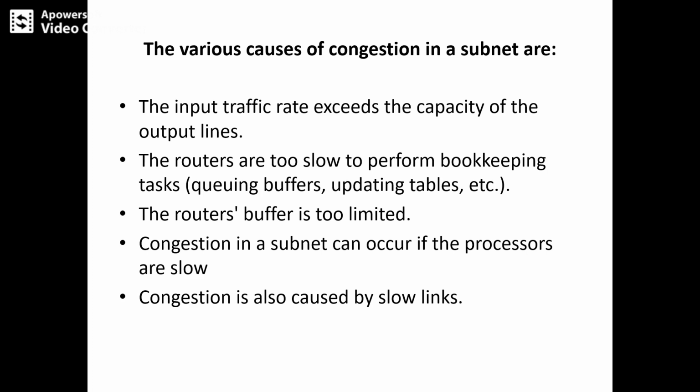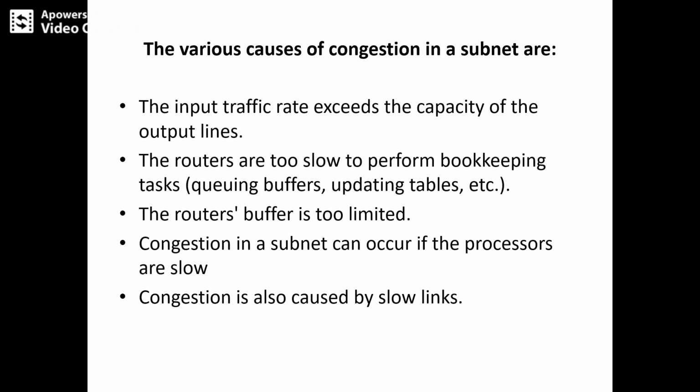Whenever the input rate exceeds the capacity of the output line, congestion will usually occur in a subnet. The second one is that the routers are too slow, depending upon the capacity of the router to perform bookkeeping tasks, for example keeping buffers, updating tables, routing tables, etc.